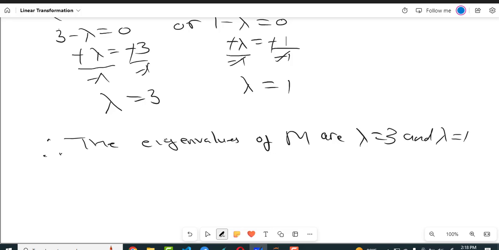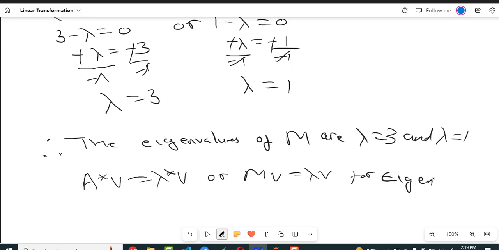To find the eigenvectors, you are just saying your matrix times the vector is equal to lambda times the vector that you are looking for, or Mv equals lambda v. Then you just substitute the values.